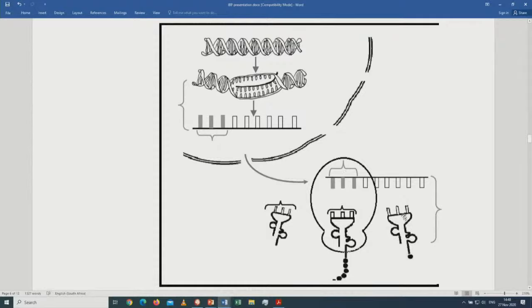Here we have the tRNA molecules. They will come to the cytoplasm to bring the amino acids to the ribosomes, and the triplets of nitrogenous bases that we find on tRNA are termed anticodons, and they will match the codons on the mRNA molecule. As they do that, the amino acids attach to each other and are joined together by a peptide bond.